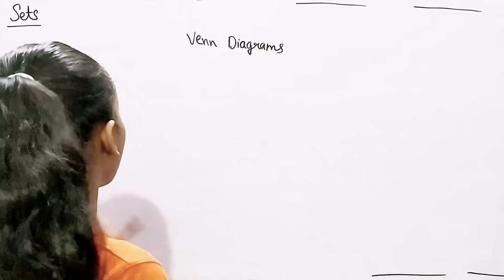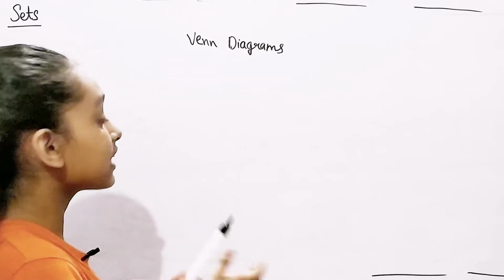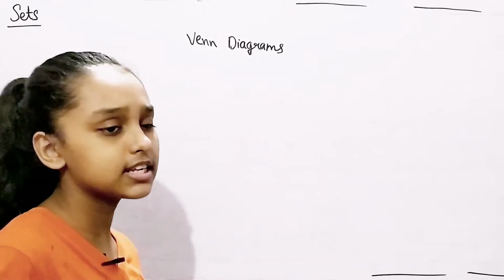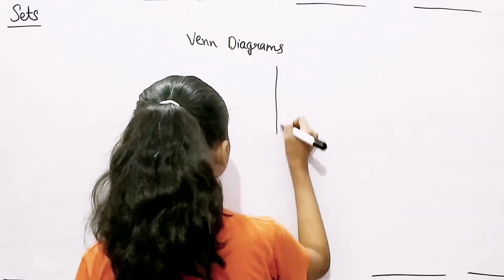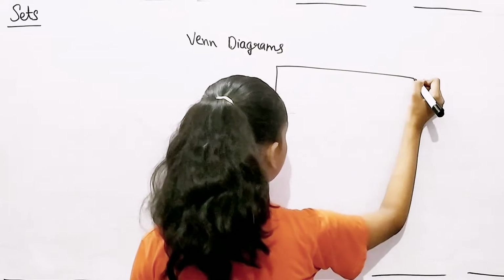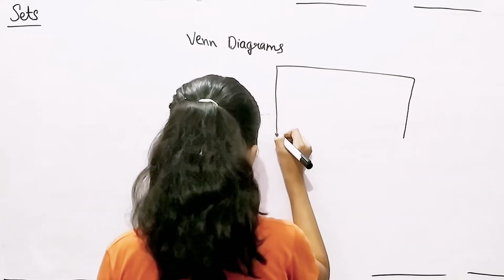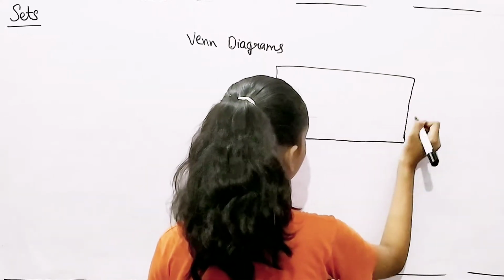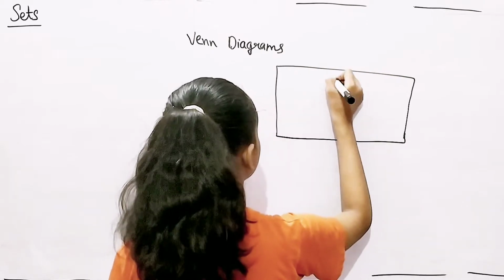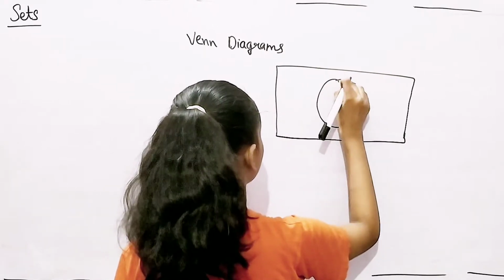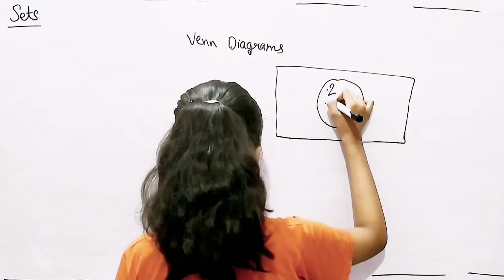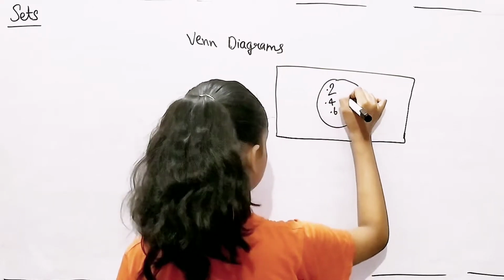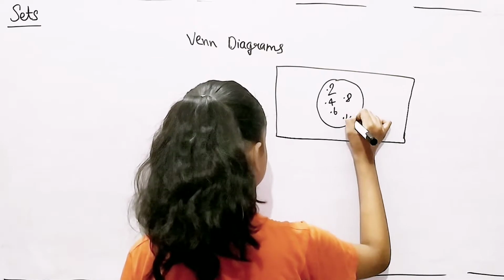Let's take an example. Let me make a diagram, which is gonna be really simple. One circle in which we have 2, 4, 6, 8, and 10.